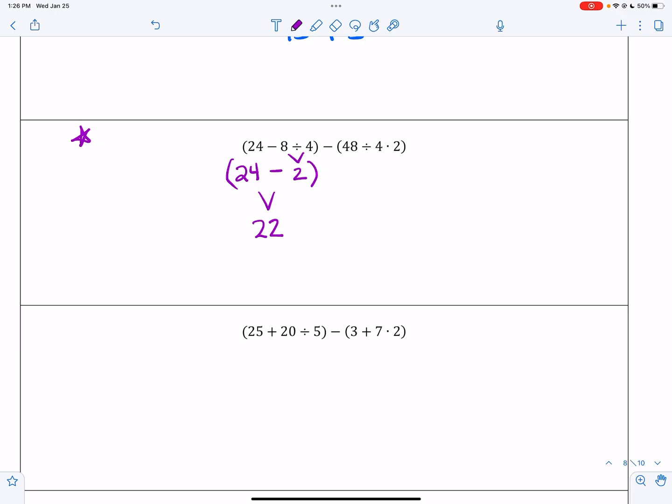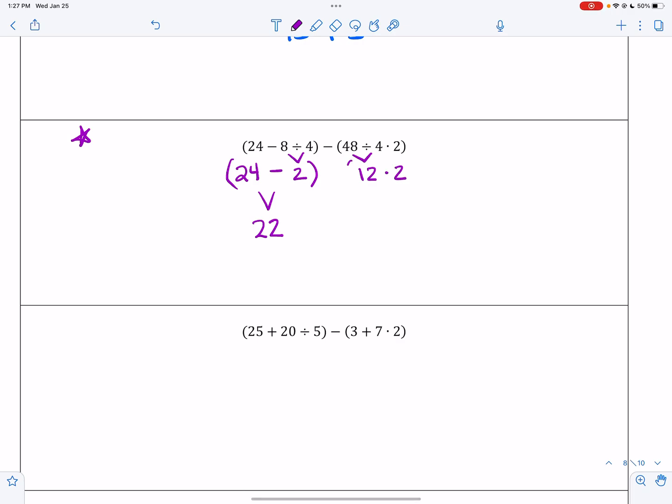Now the second one, it is a very common mistake for somebody to do 4 times 2 first and then do the division. But because this only has multiplication and division, those are the only operations in that group of parentheses, you have to do division first. So 48 divided by 4 is 12.